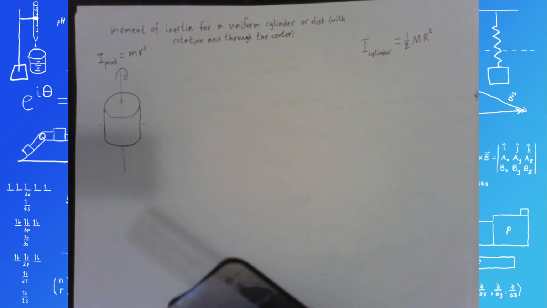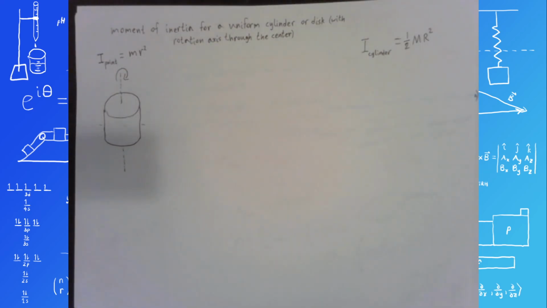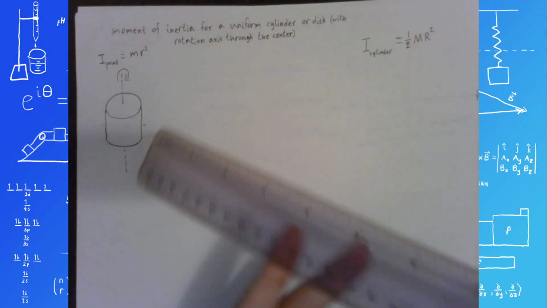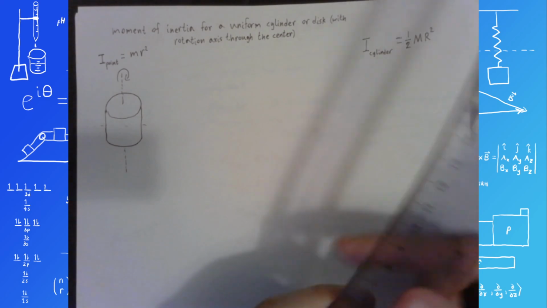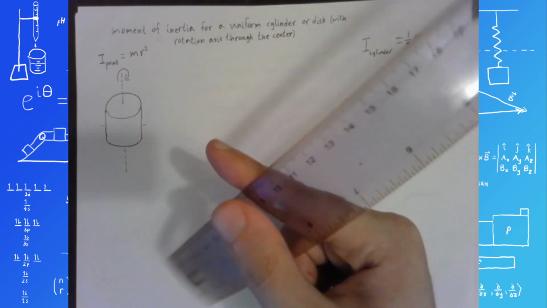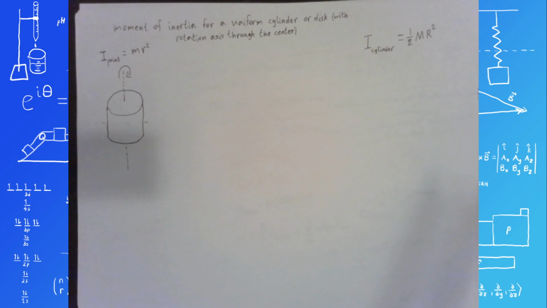It would be easier if I used a more rigid ruler, but I don't have that, so I have this rubber ruler that kind of flops. But if you have some sort of rigid stick-like object, try twirling it through its center versus trying to rotate it by holding it from an end, or not even from its end. You could try to twirl it from somewhere off center, and it will feel harder than rotating it from the center.